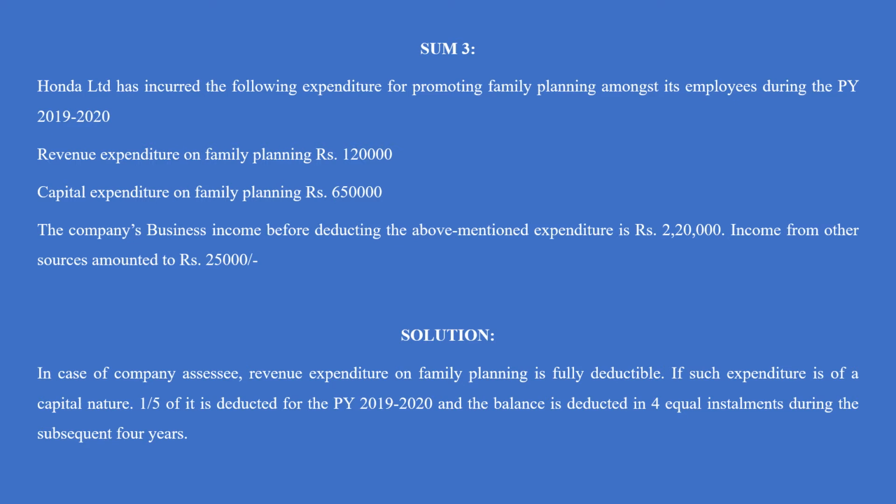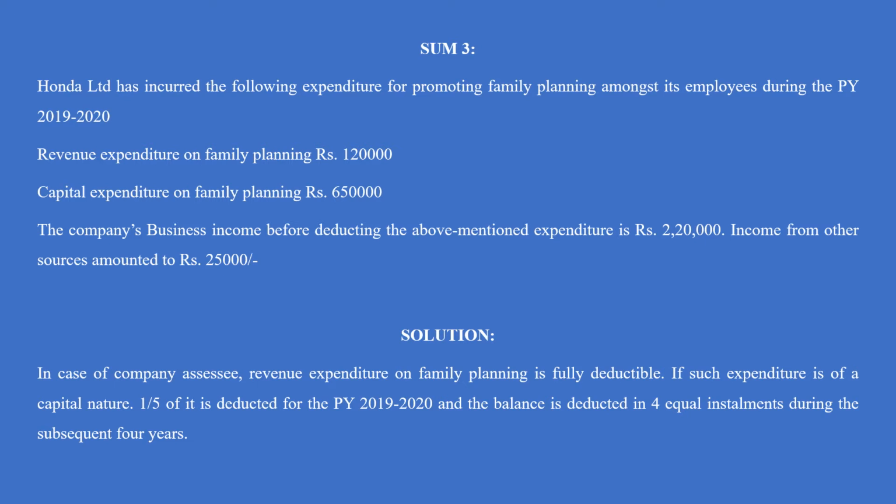Now, in this case, we are going to consider only one point, that is family planning. In case a company has a revenue expenditure on family planning, according to the rule, it can be fully deducted. If there is any revenue expenditure on family planning, the full amount can be given as deduction.